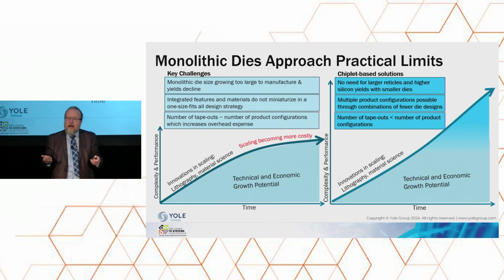So you cannot optimize for the specific function as well as if you were doing a single functional chip.